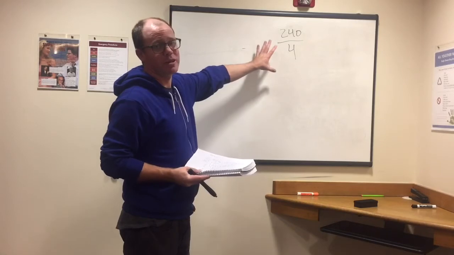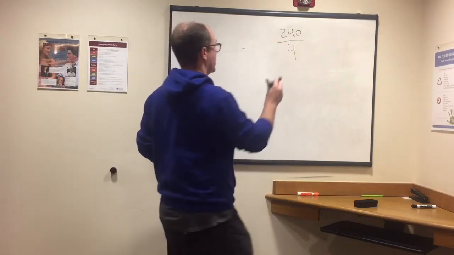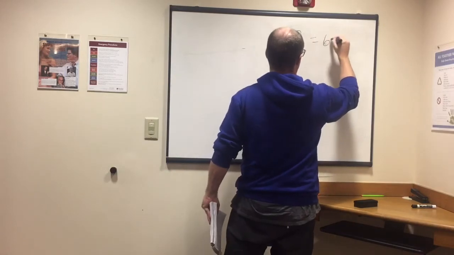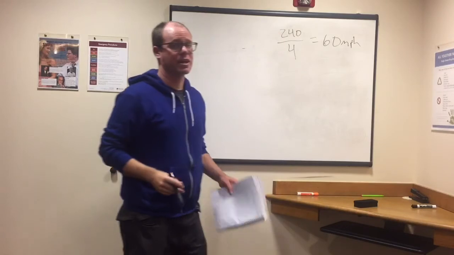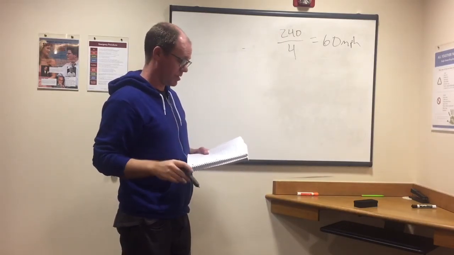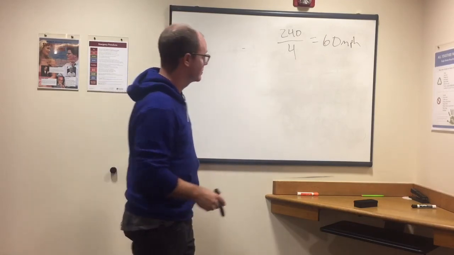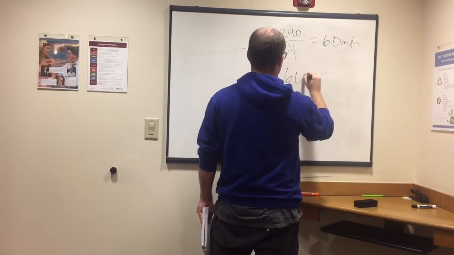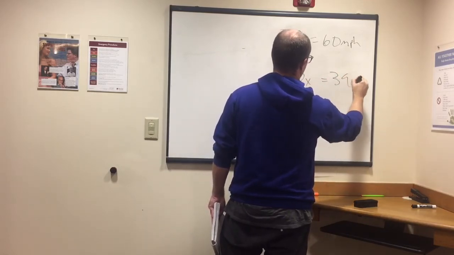Now, right away we need to think, okay, what is that speed? And it's going to be this answer. 240 divided by 4 is 60 miles per hour. So that's our rate. Okay, so now we're saying, assuming that I continue at 60 miles per hour, how long will it take to drive 390 miles? Okay, so we have a 60, x we don't know, equals 390.